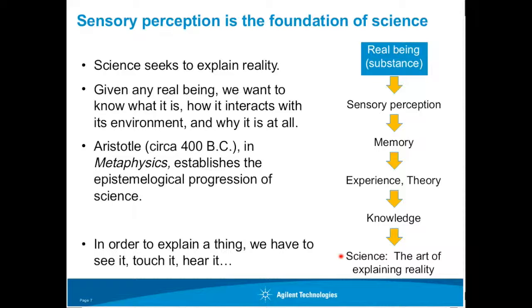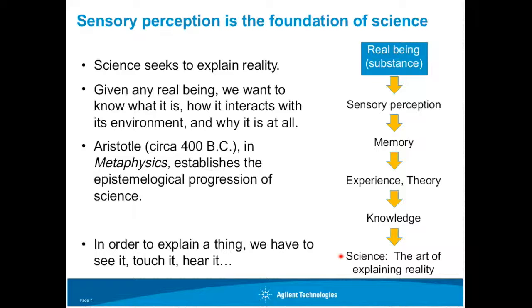Now, I would like to point out that this progression isn't just chronological. Each step in this process is progressively more and more communal. In other words, my knowledge about, say, diamond does not have to come from my own immediate sensory perception. It may come by participating in a community in which I trust that others have adequately sensed and integrated that sensation to form reliable knowledge.